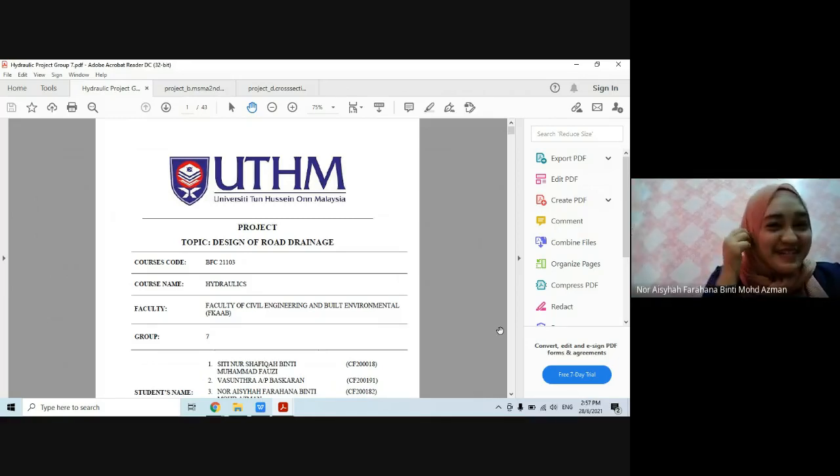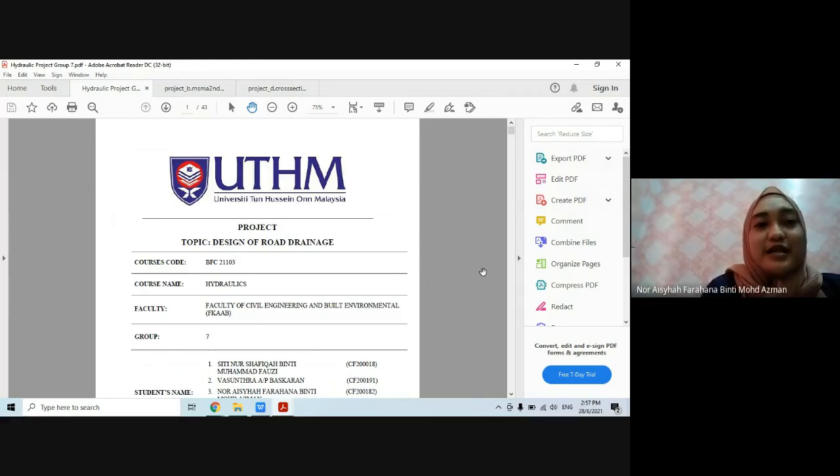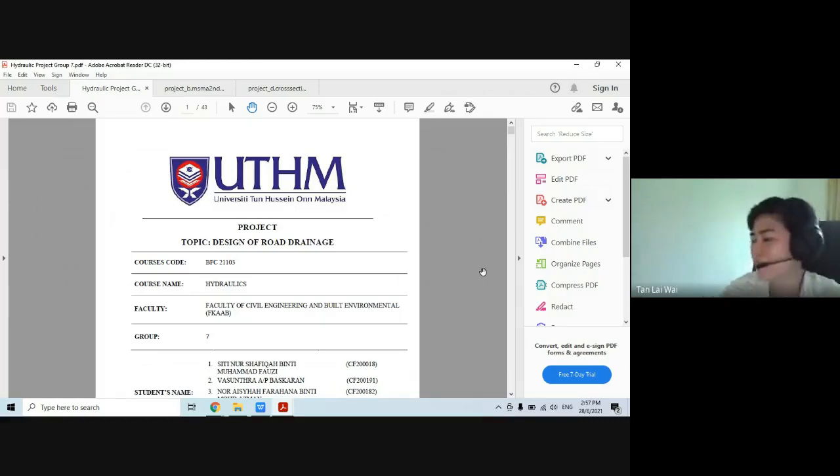Apa dia? Kalau saya tanya tentang analisis, boleh jawab kot? Okay, last kali dengan Nazira. Nazira, handle apa? Nazira pun buat metodologi juga. Okay. Boleh. Siapa yang buat drawing?